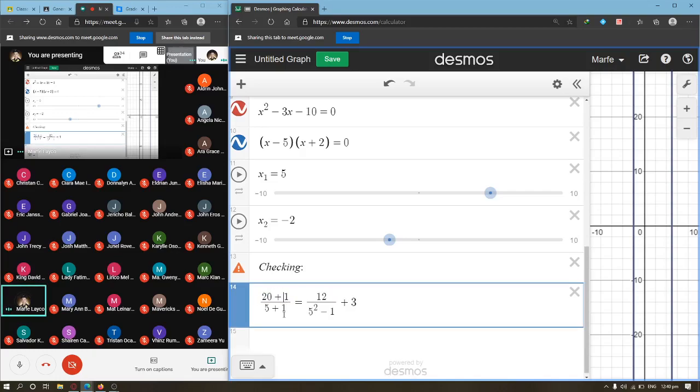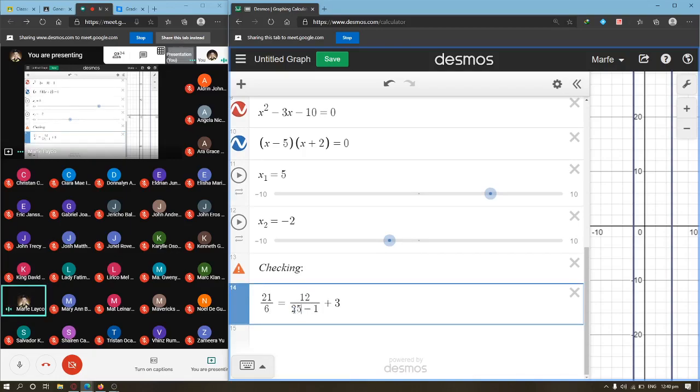Then, 20 plus 1 is 21. 5 plus 1 is equal to 6. 5 squared is 25. Minus 1, it is 24. 24, 12 over 24.